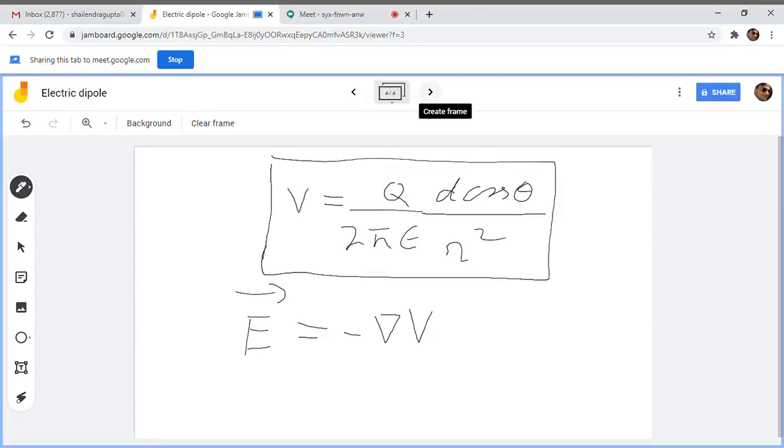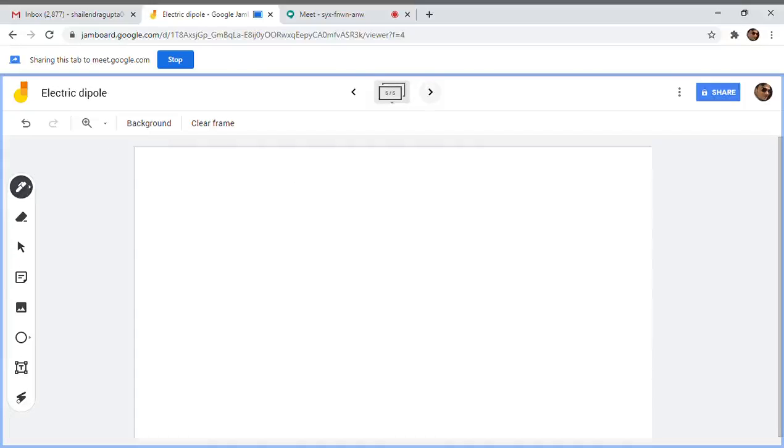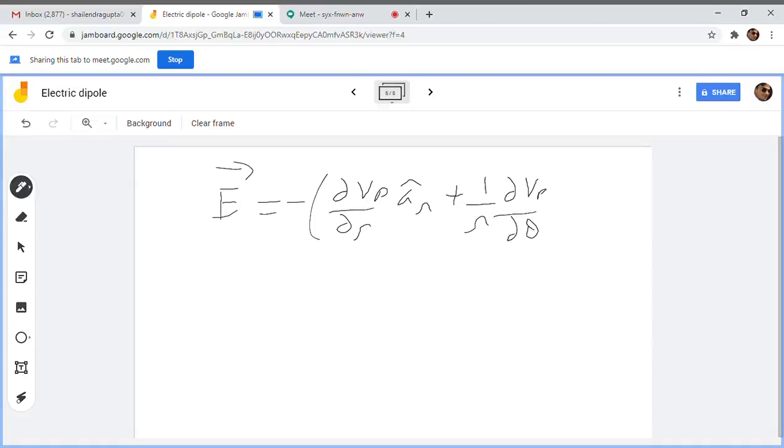Just write the formula of this gradient, and you will know the answer directly. So the electric field can be written as minus of del Vp upon del R AR plus 1 upon R del Vp upon del theta A theta plus 1 upon R sin theta del V upon del phi A phi.